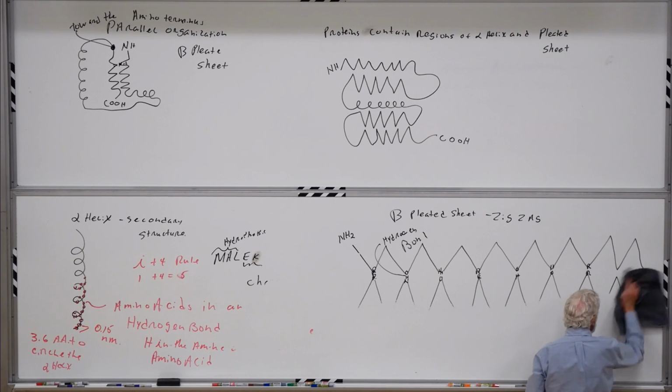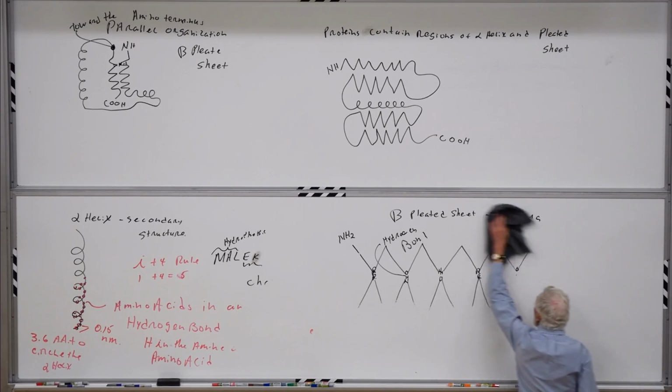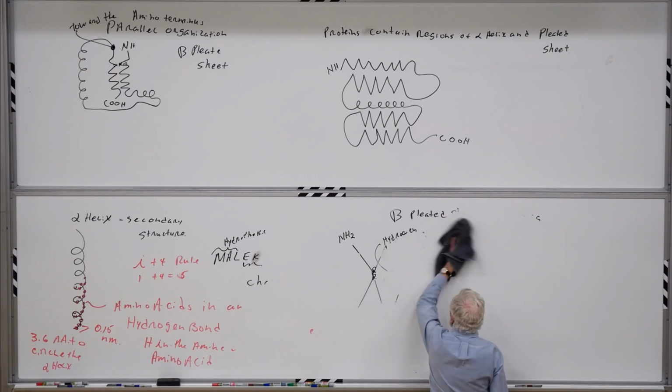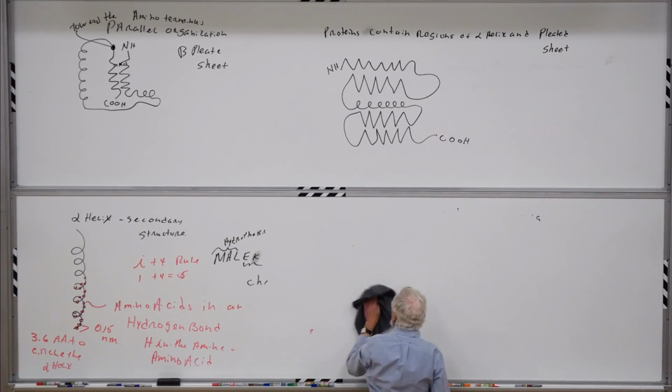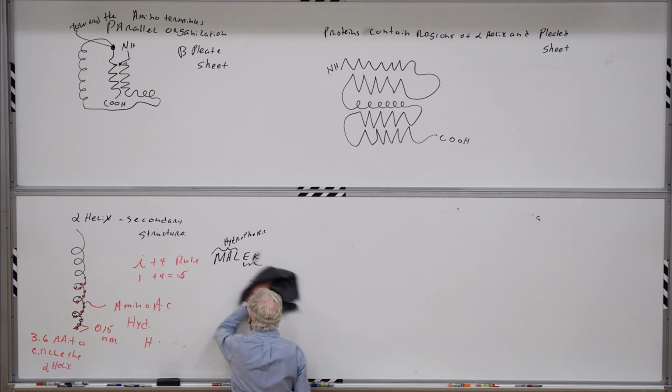Their tertiary structure is determined by the R groups. So again, it's the R groups and how they interact with water that largely determines the three-dimensional shape of a protein.